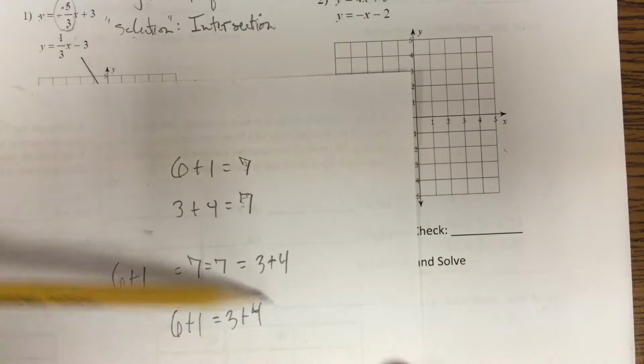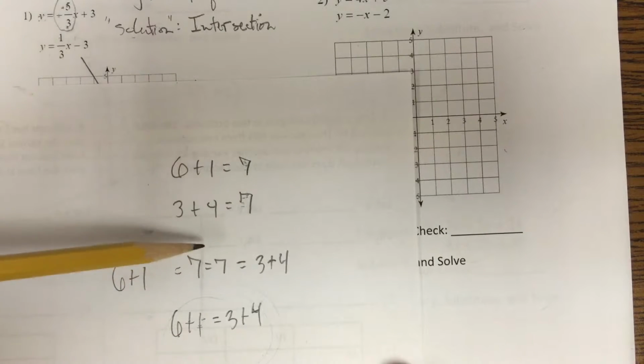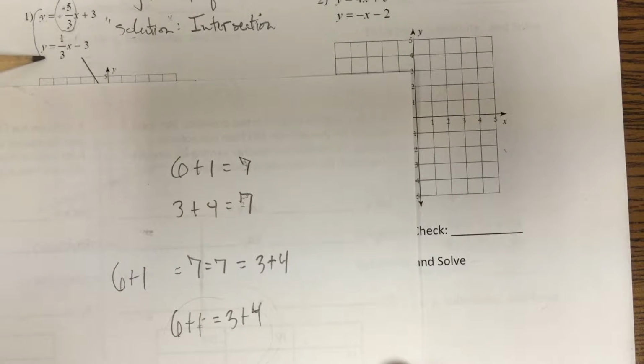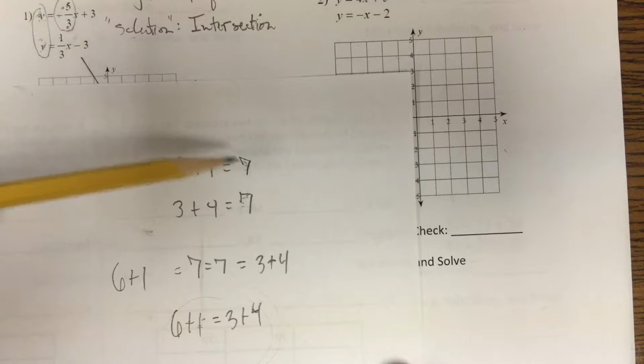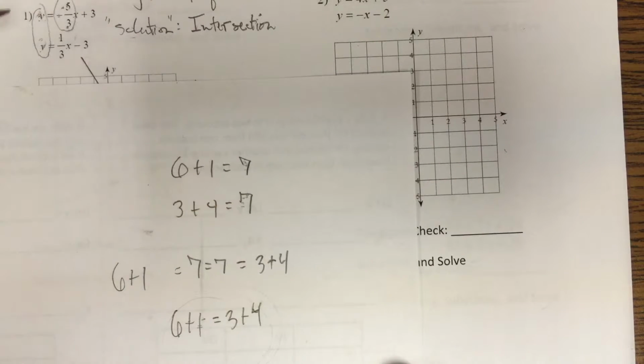All right, so if this equals each other, look what we can do with this. Y's. That's kind of like these 7s right here. This equation equals 7, this equation equals 7, this equation equals y, this equation equals y. So guess what is equal to each other? Y equals y, because it's the same thing.